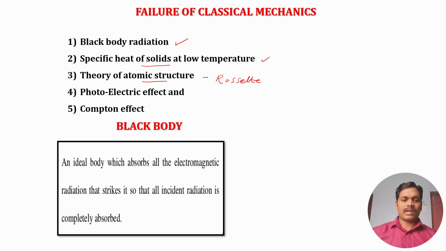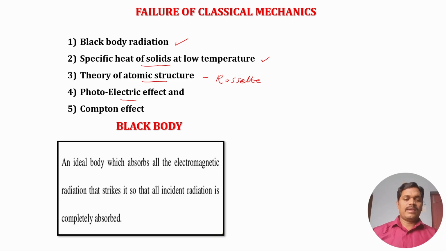And followed by the photoelectric effect. Classical mechanics could not explain the photoelectric effect, which, as we all know, is a very important phenomenon that could be useful in various applications.